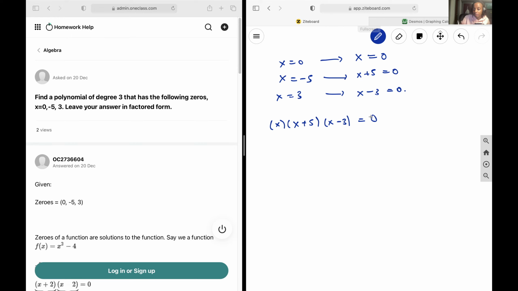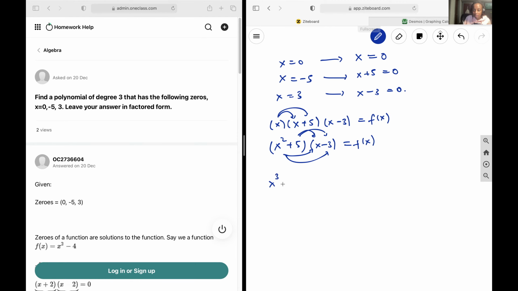So for the zeros, we know that this equation will be satisfied if x is 0, if x is negative 5, or if x is 3, which means that it is our f of x. And then we just expand that out. So if you multiply x by 5, you get x squared plus 5, times x minus 3, is equal to f of x. Next up, we would like to do x squared by x squared by negative 3, 5 by x, 5 by negative 3.